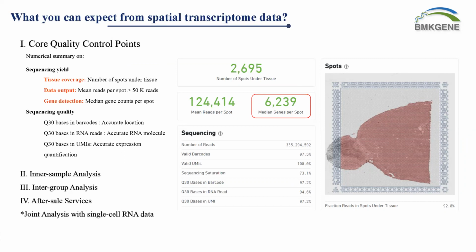And the Q30 bases in RNA reads, which means we need to have accurate readout of the RNA molecule, and also the Q30 bases in UMI give us the confidence saying, okay, the expression is accurate. So this is the QC part of the spatial transcriptome data.